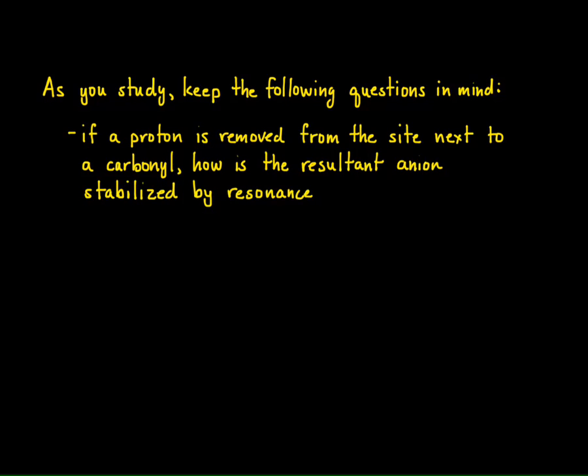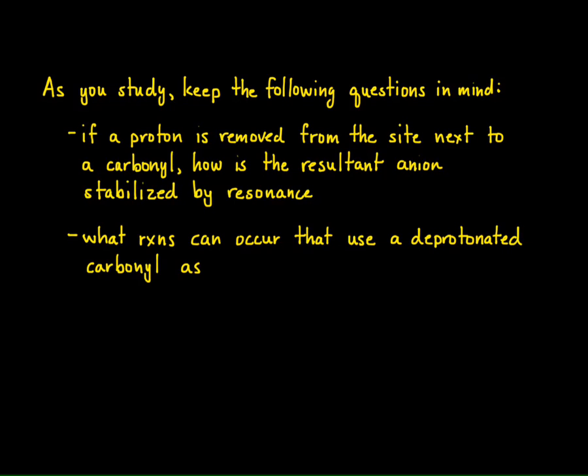Always that resonance factor is contributing to stabilization. I should say typically contributing to stabilization. The second question that I want you to think about is what reactions can occur that use a deprotonated carbonyl as a nucleophile? So I showed you an example that ketones can react with nucleophiles. What other things can react with nucleophiles?